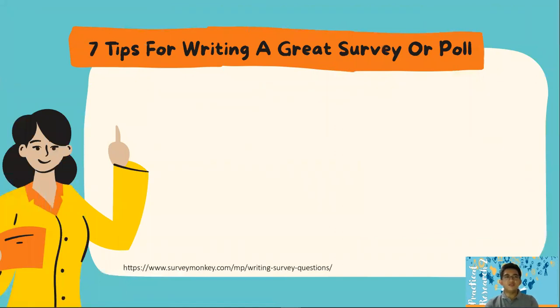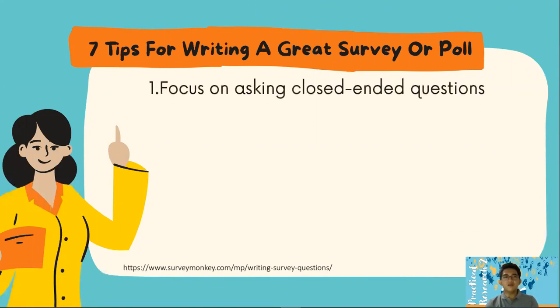Let's look into the 7 tips for writing a great survey or poll. This is according to surveymonkey.com. Number 1, you focus on asking closed-ended questions. All the examples that have been given are all closed-ended.